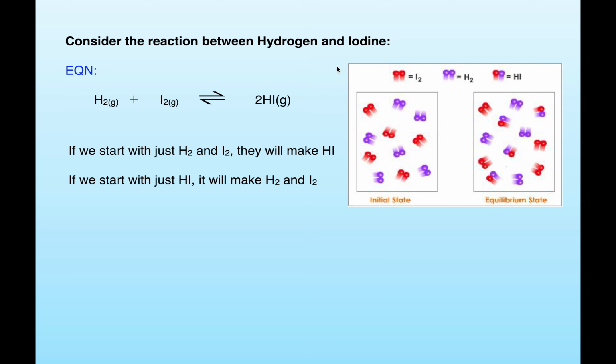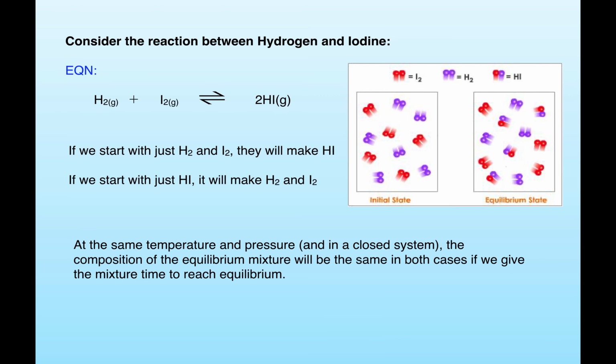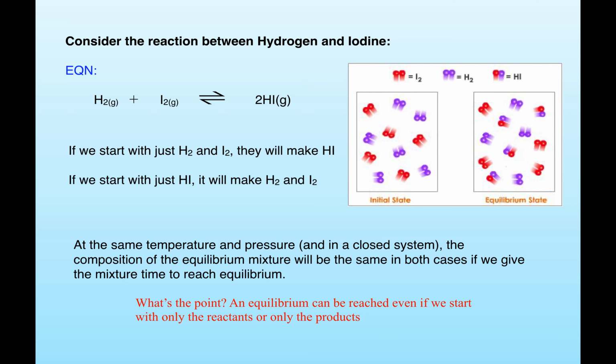If we started with just hydrogen iodide, then that would break up to make hydrogen and iodine. So it doesn't matter which side you start from, you will still reach equilibrium. At the same temperature and pressure, the composition of the equilibrium mixture will be the same in both cases. An equilibrium can be reached even if we start with only the reactants or only the products.